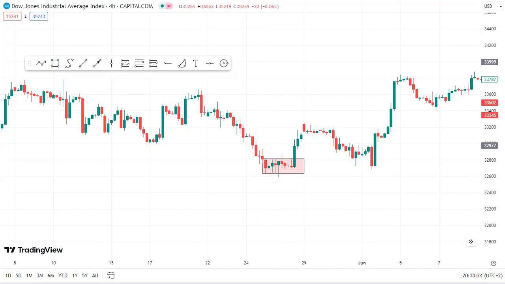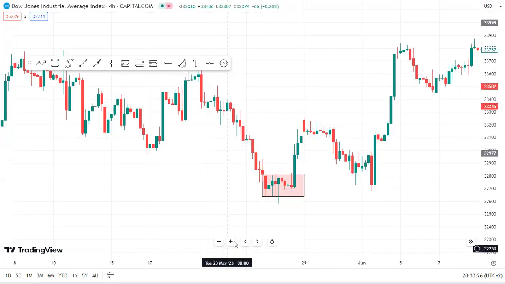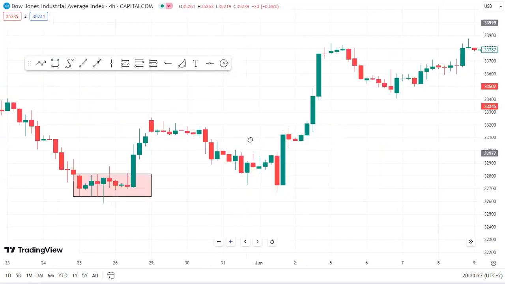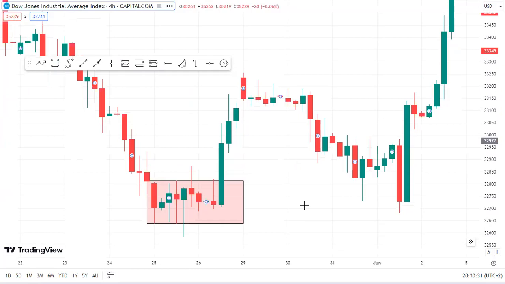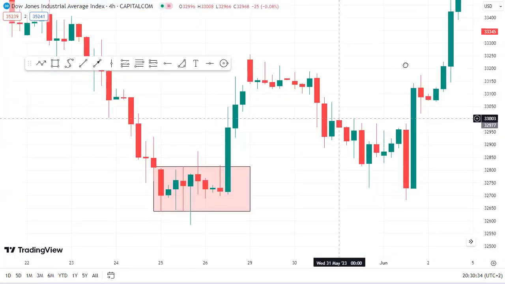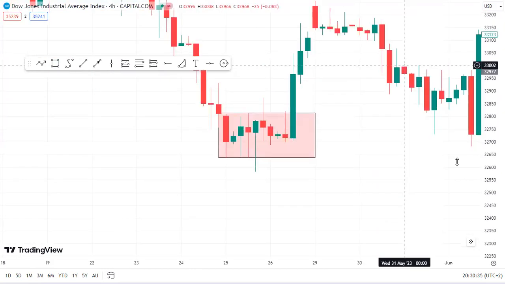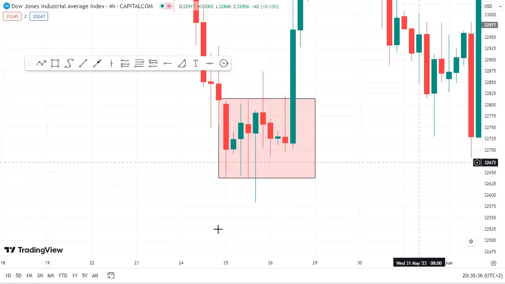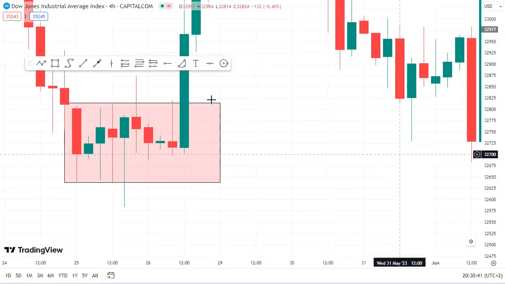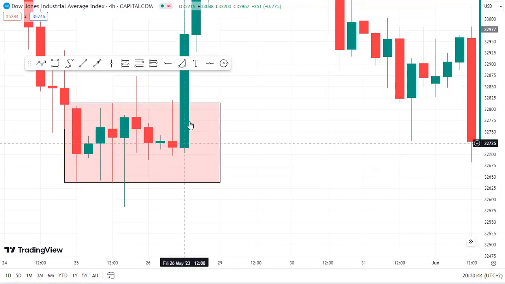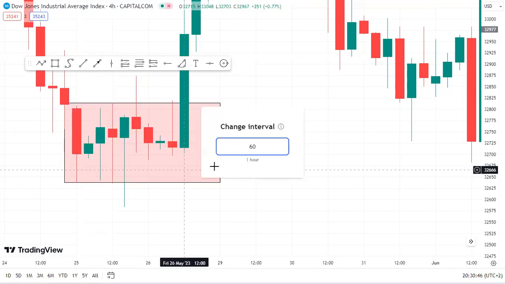So guys, we are going to look at this. This is a perfect example of what I was talking about. So you have the market. Let's go to a 60 minutes time frame.